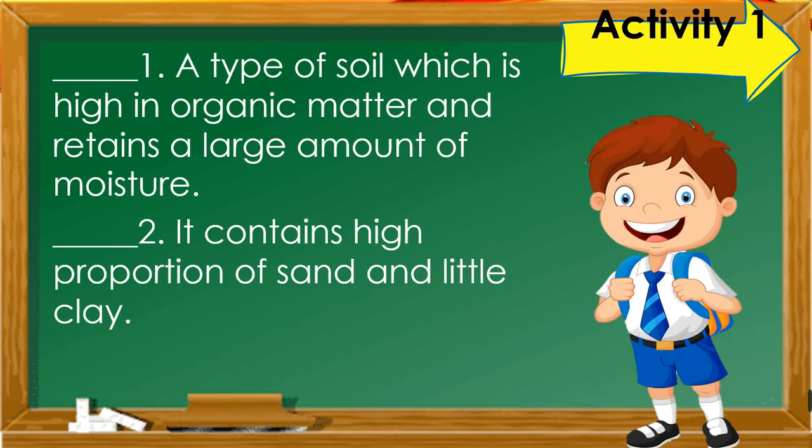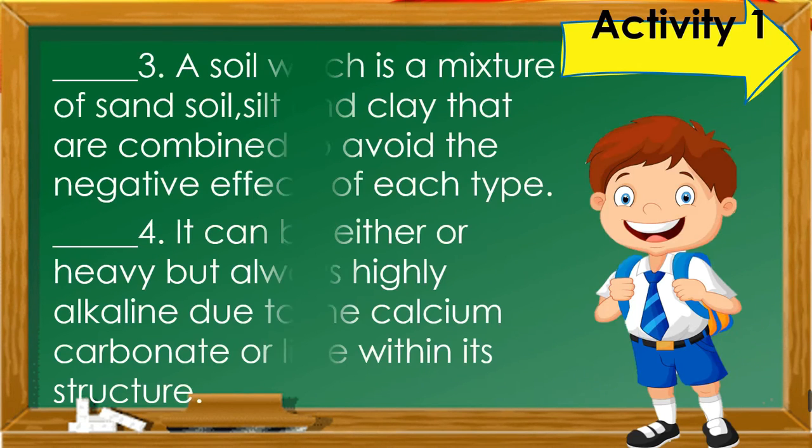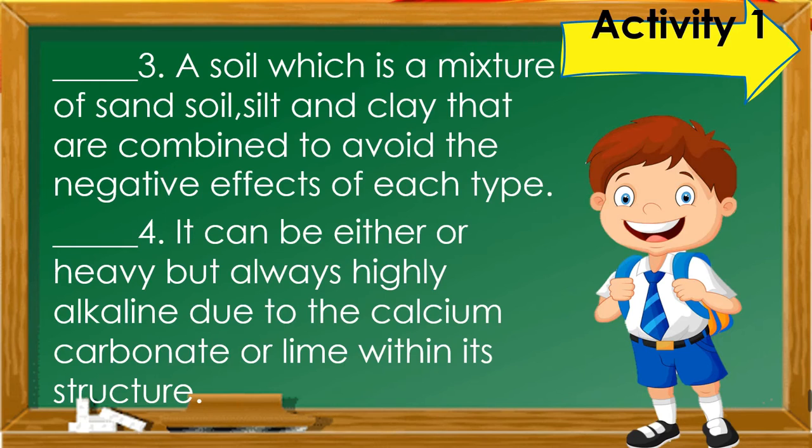Number 1. A type of soil which is high in organic matter and retains a large amount of moisture. Number 2. It contains a high proportion of sand and little clay. Number 3. A soil which is a mixture of sand, silt, and clay that are combined to avoid the negative effects of each type. Number 4.